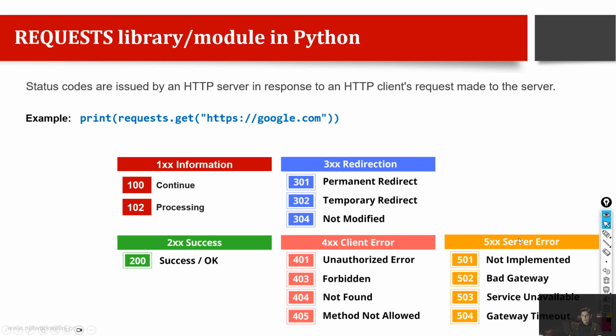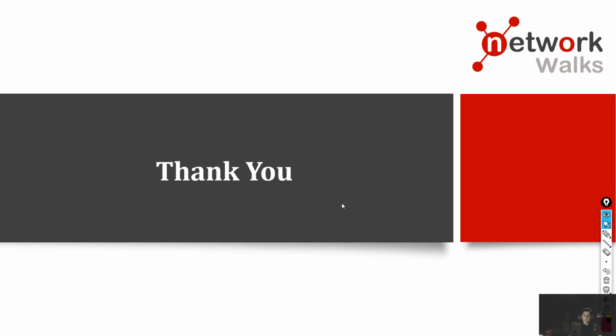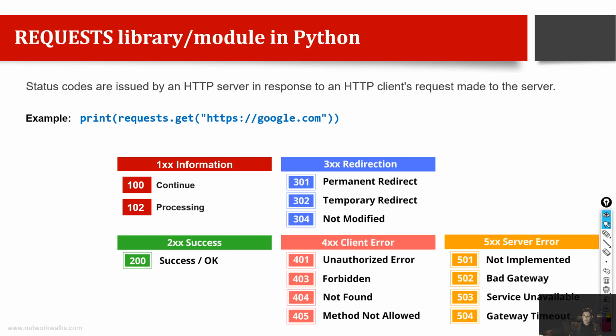Then client error or server side error. Usually you see 400 and 500 errors, which are very common these days. So this is the requests library. Requests library is used in cybersecurity, in networking, and it's very popular and one of the most downloaded libraries of Python.